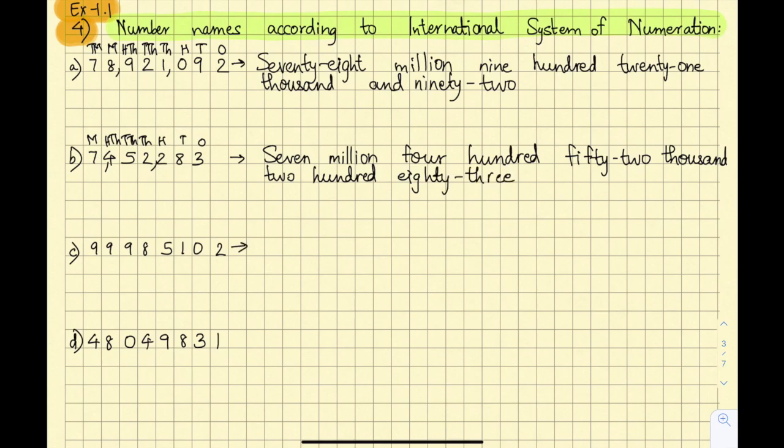Next sum. Intervals of 3, 3, and the last one is 2. So let's leave that. Ones, tens, hundreds, 1,000, 10,000, 100,000, million, and 10 million. So in place of millions, we have 99, so that is 99. So we write 99 million.